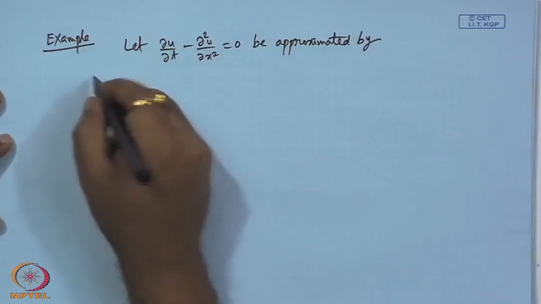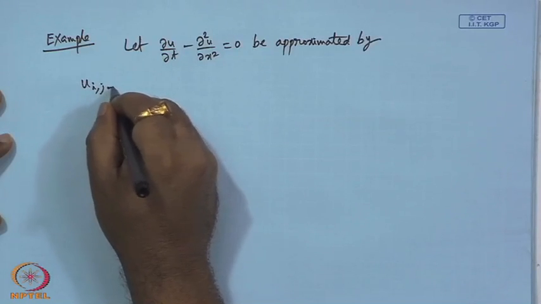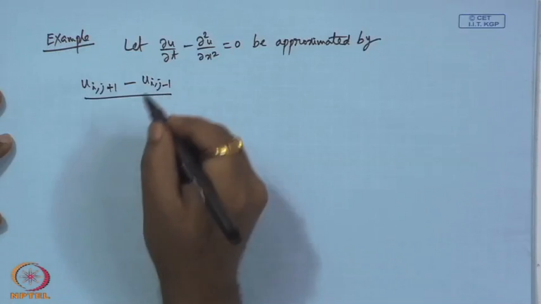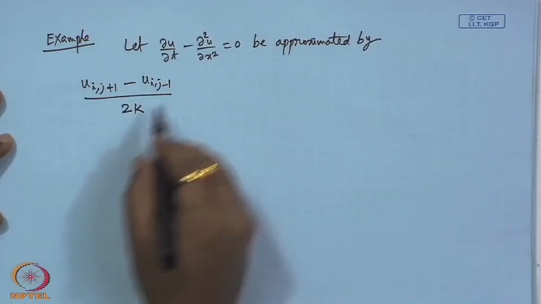Let this be approximated by, so from delta t I am using k.